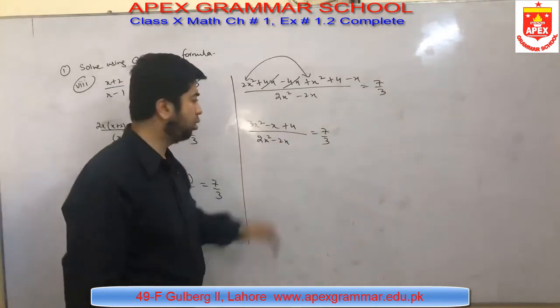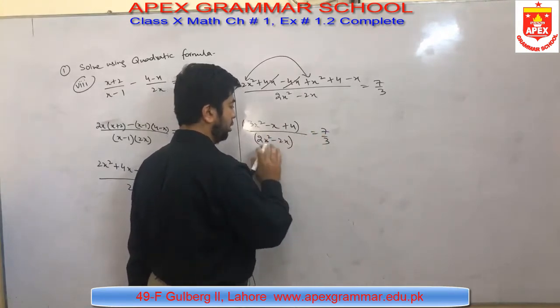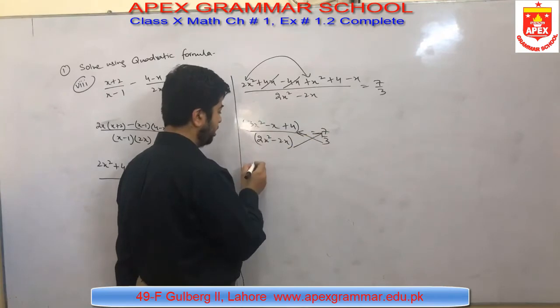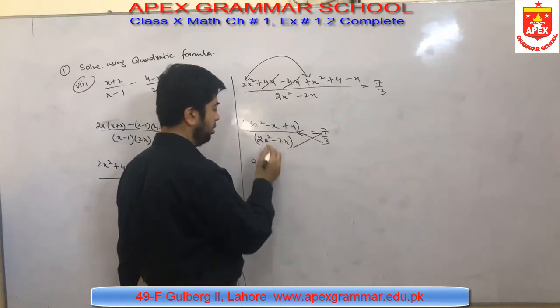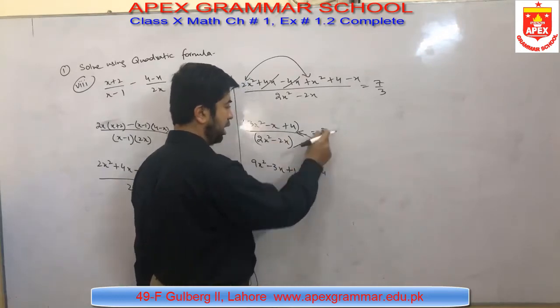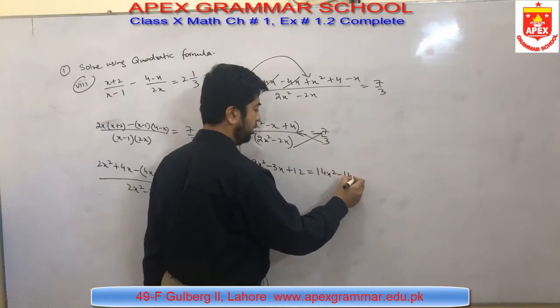Now you have to cross multiply this value with 7 and this value with 3. 3 times is 9x square minus 3x plus 12. 7 with 2, 14x square minus 14x.